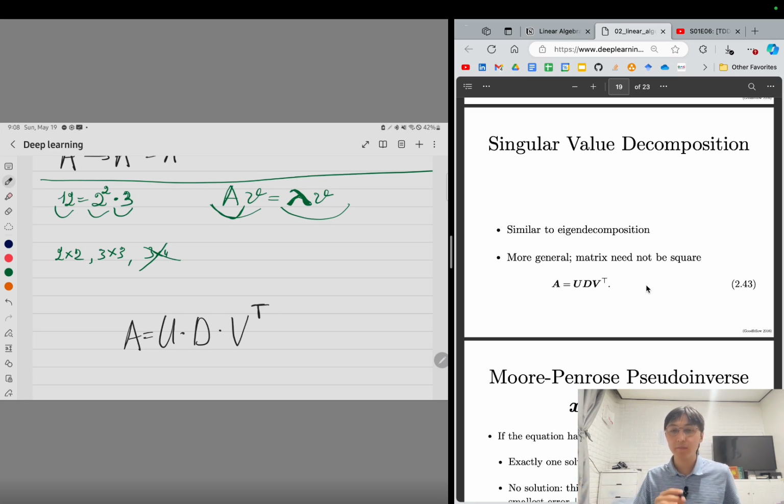If the matrix is not square, assuming it's a 3 by 4 matrix, and we need decomposition, we will go to singular value decomposition. So that's how singular value decomposition works.